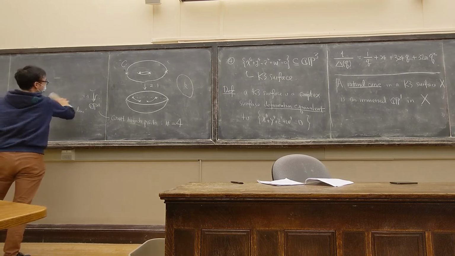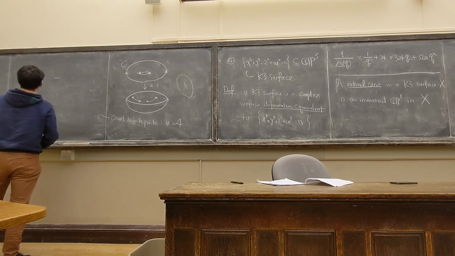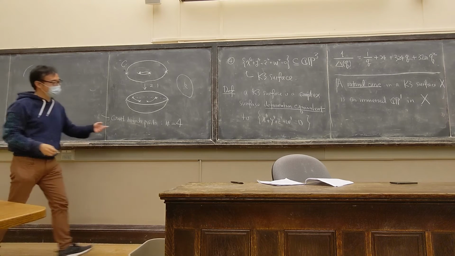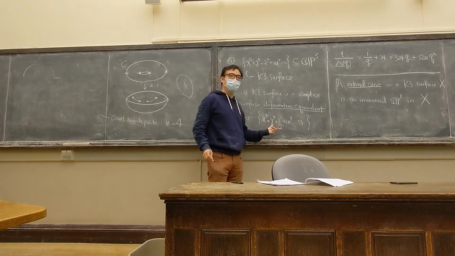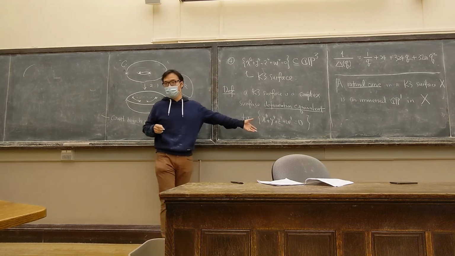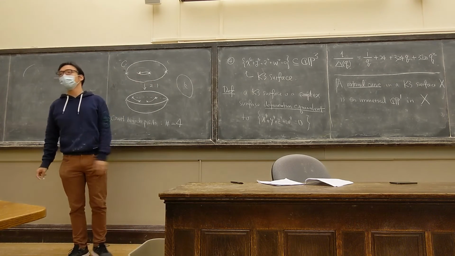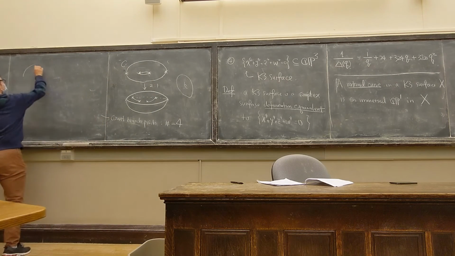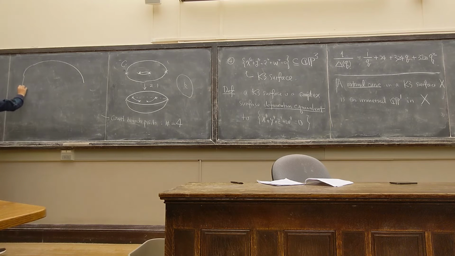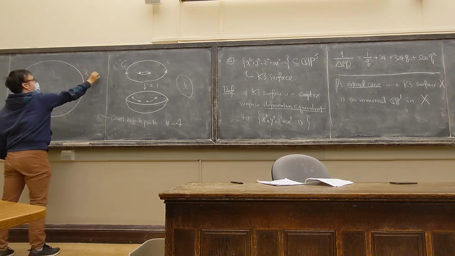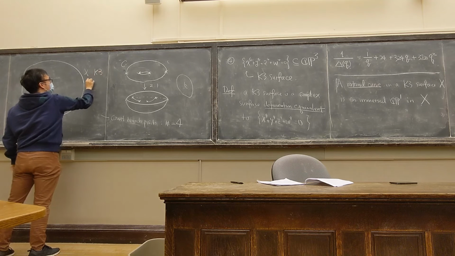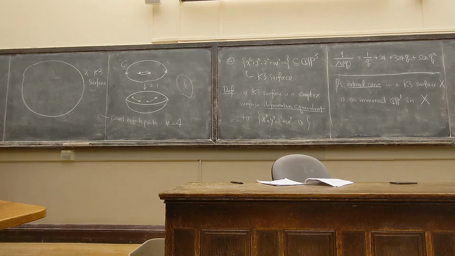Let me draw a picture. Okay, so this is a complex two-dimensional thing, which in the real world is four-dimensional. So certainly I would not be able to draw this on a two-dimensional blackboard. But just think of this as a four-dimensional thing called the K3 surface. What's the meaning of the immersed CP1?